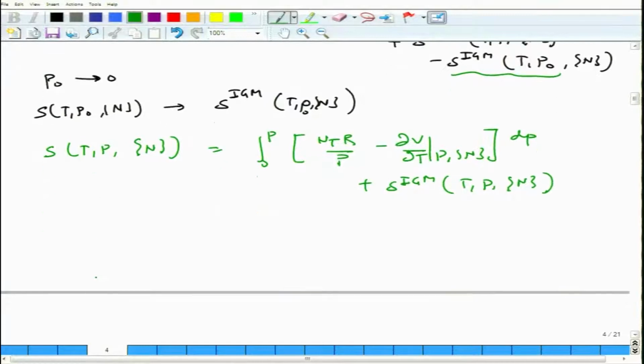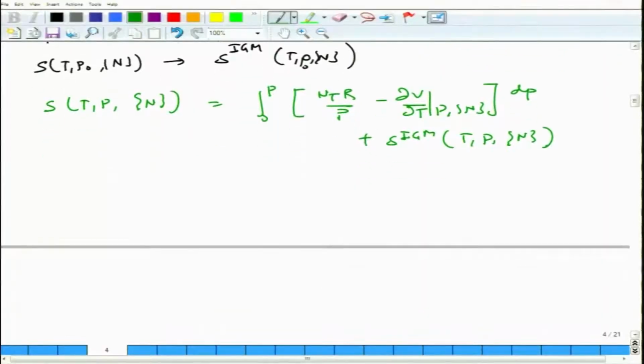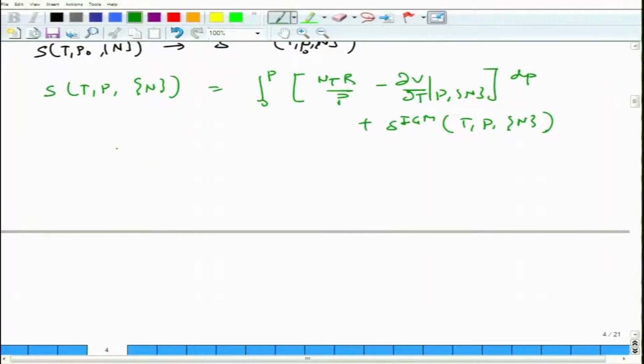Now, many times we take reference values corresponding to 1 atmosphere. So, let me just rewrite this expression of delta S, or S, with reference to the pressure at 1 atmosphere, and then we can simplify this with the data corresponding to 1 atmosphere.